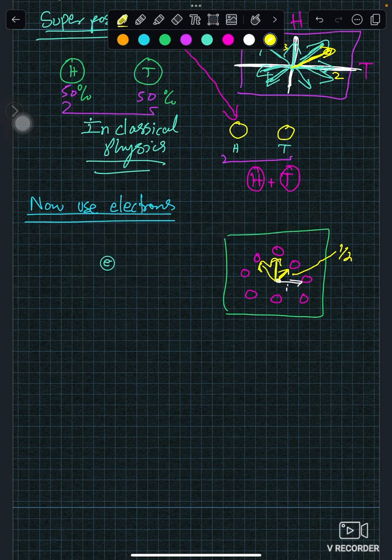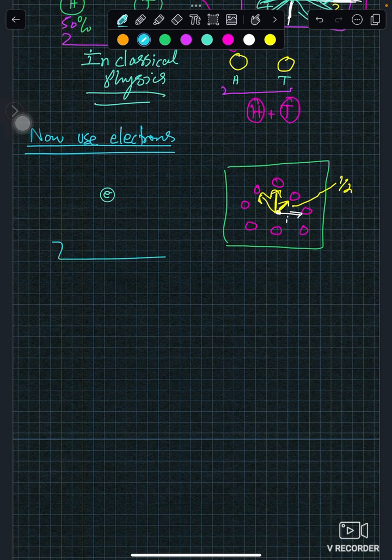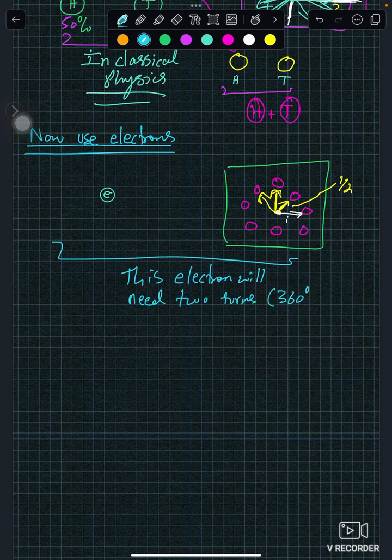So this means quantum mechanics says this electron will need two turns, two turns meaning a 360-degree turn, to get back to its original position.